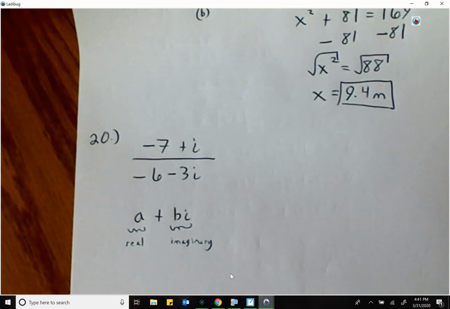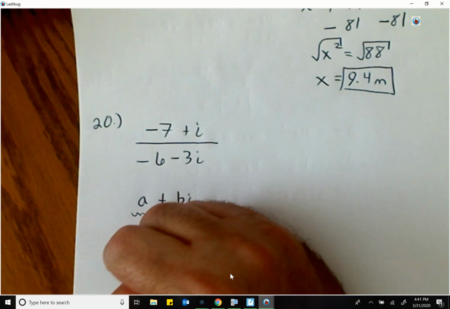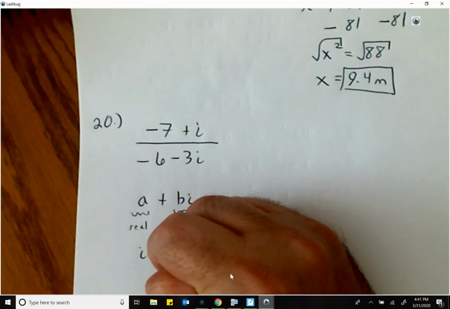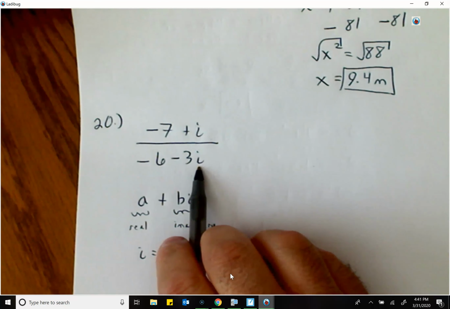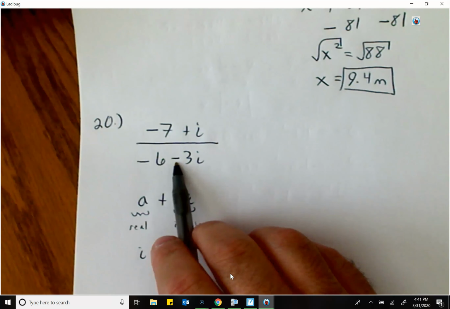All right. So, how do we deal with this? Well, remember i is like the square root of a -1. So that means we have a square root in the denominator. We can't deal with that. And we also have addition and subtraction going on down here. So that means we're going to bring back that conjugate idea. Although this time it's called a complex conjugate.